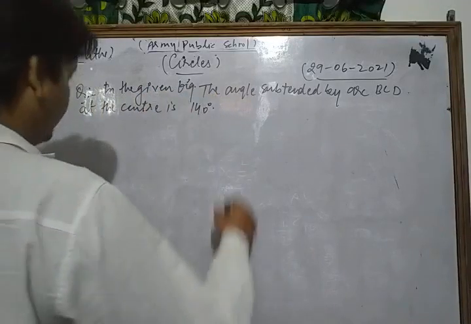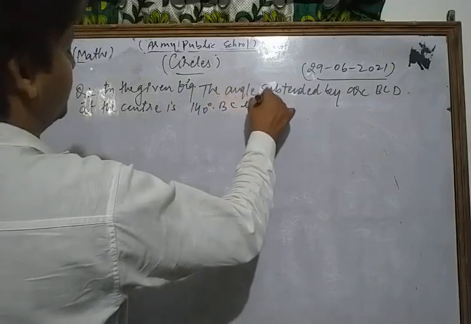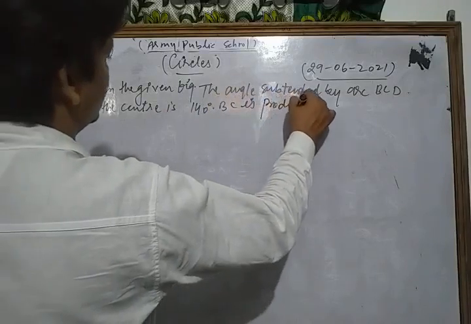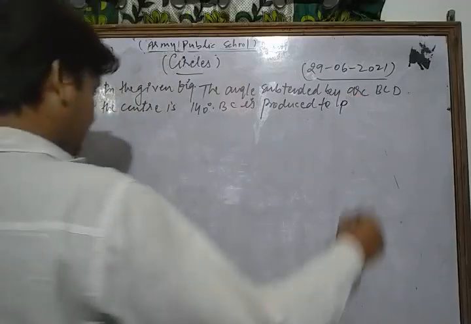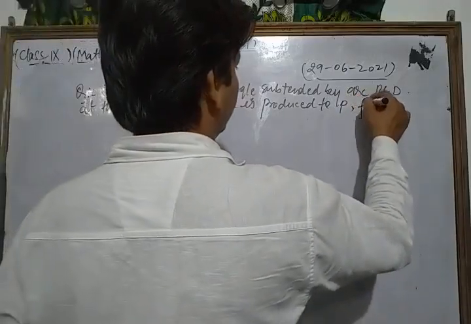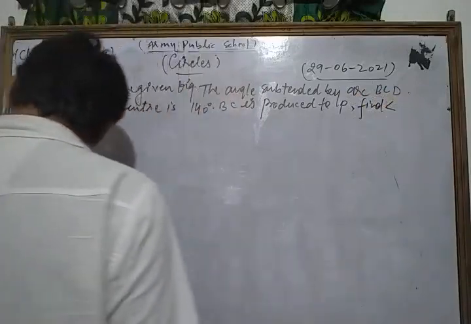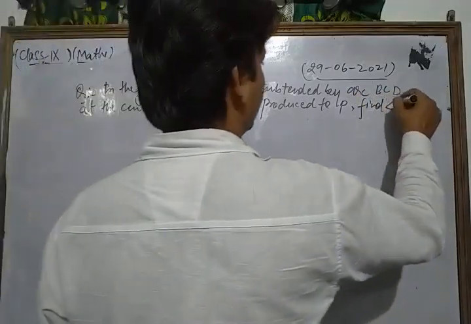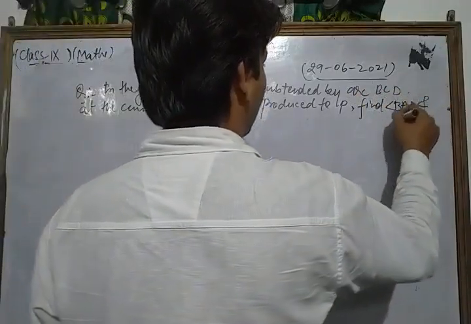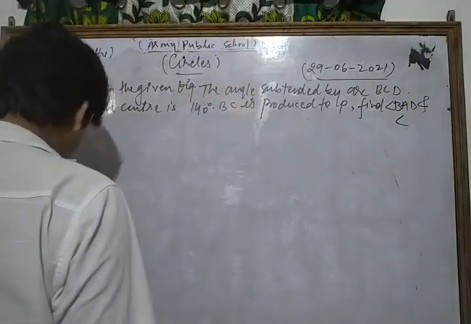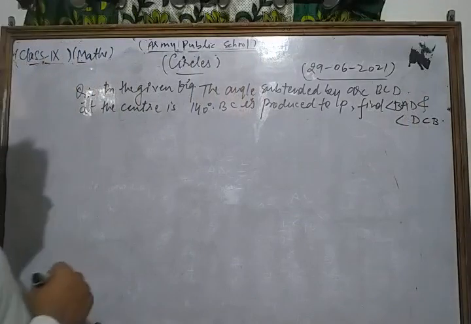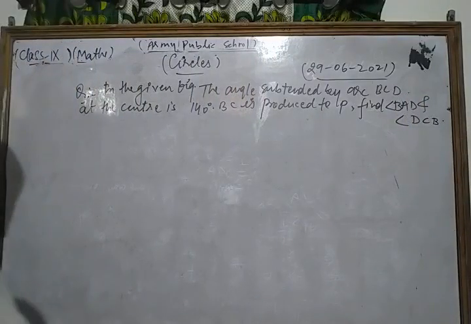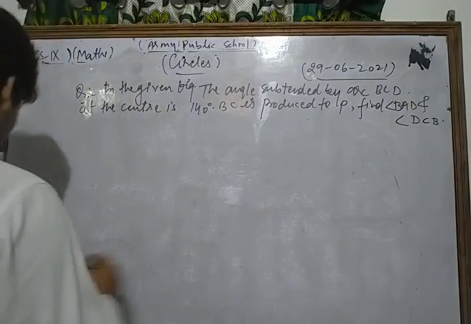BC is produced to P. Find angle BAD and angle BCD.